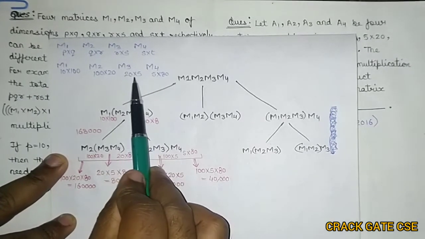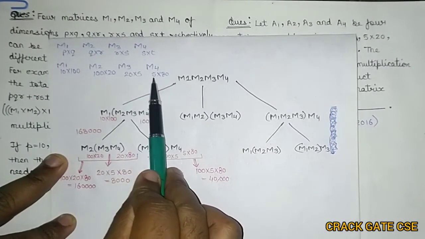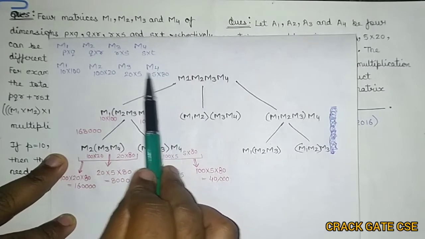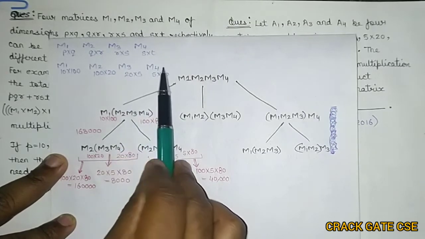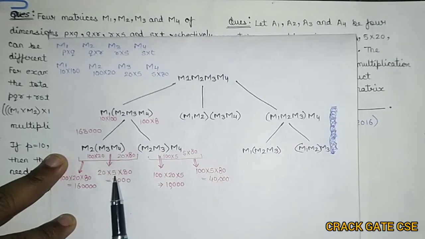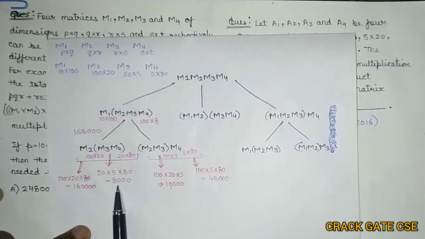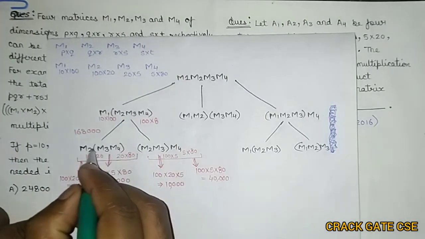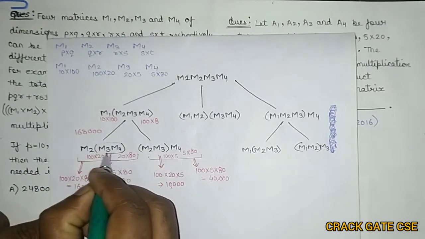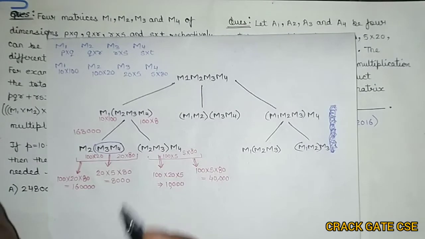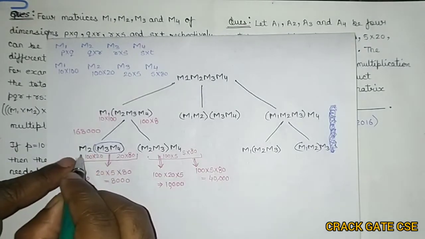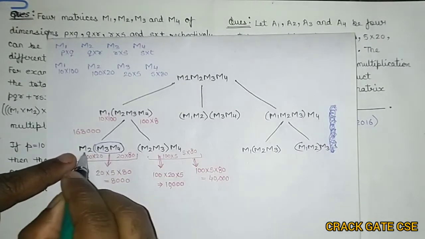The dimensions of M3 and M4 are 20 by 5 and 5 into 80. If I multiply M3 and M4, we have 20 into 5 into 80 multiplications, which is nothing but 8000. So 8000 is for this particular part. Now this is one matrix, this is another matrix, and we have to multiply these two together.